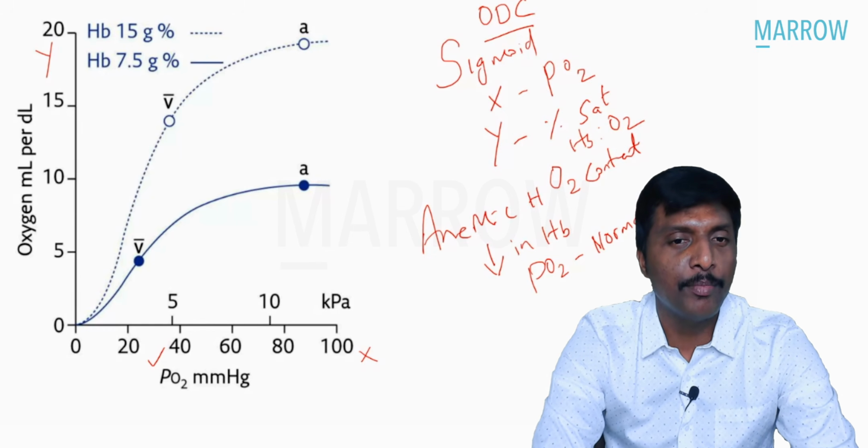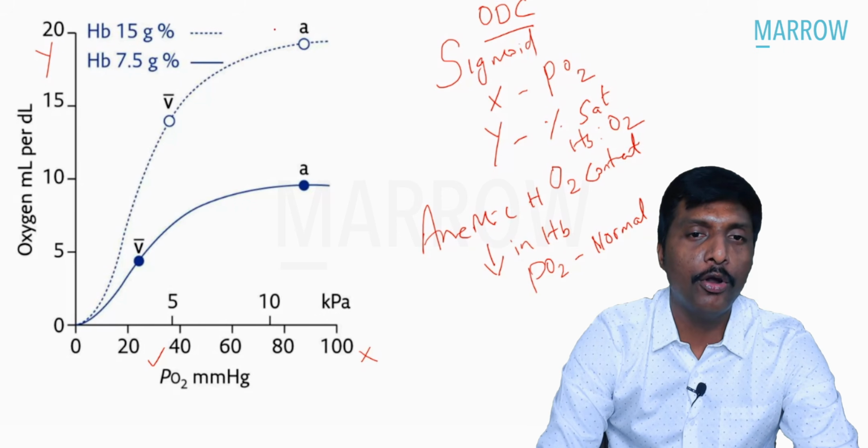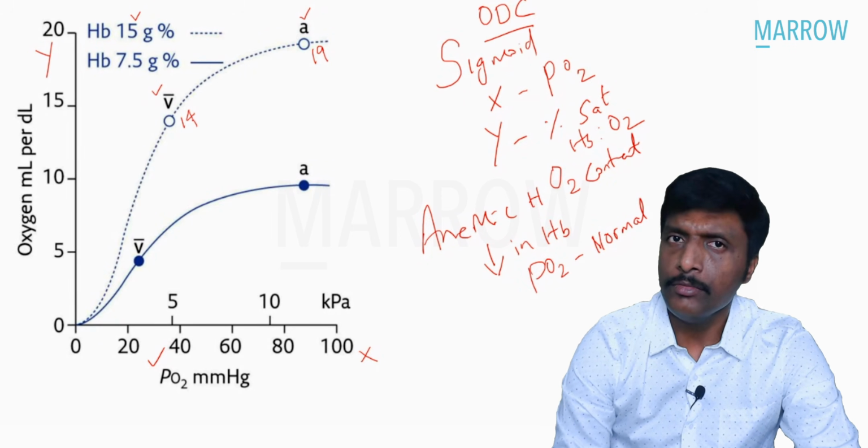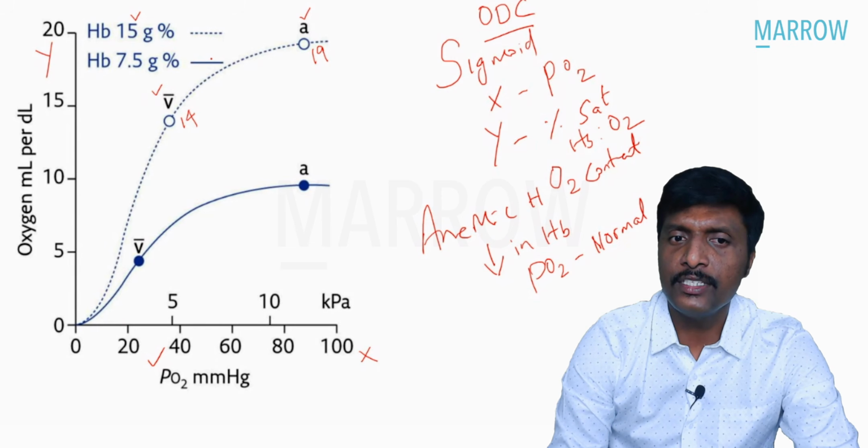Now look into this important graph. This dotted line is normal hemoglobin, 15. You are seeing the arterial oxygen content around 19, normal. The venous blood oxygen content around 14. Simple. Now look into this straight line, that is hemoglobin 7.5.